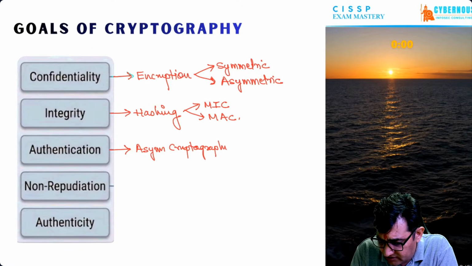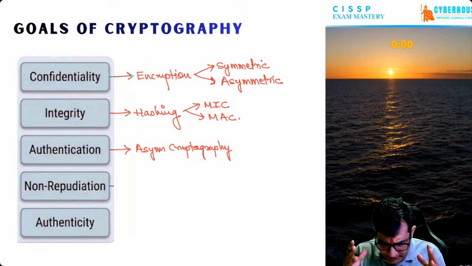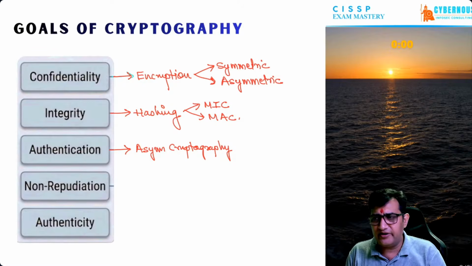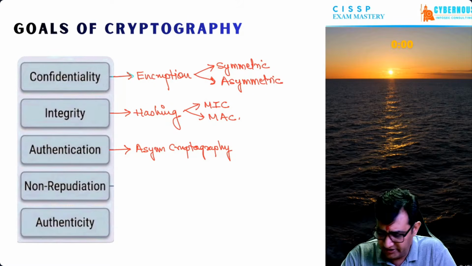In some cases, symmetric cryptography is also used. For example, the whole base of Kerberos is based on symmetric cryptography. But fundamentally, what we use in today's world is asymmetric cryptography, which is used day in and day out, whatever transactions you do.